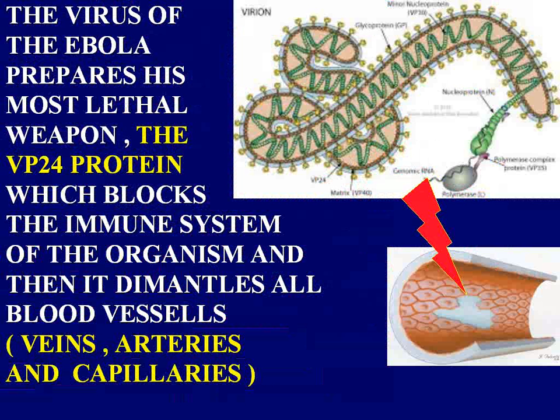The virus of the Ebola prepares its most lethal weapon, the VP24 protein, which blocks the immune system of the organism, and then it dismantles all blood vessels, veins, arteries, and capillaries.